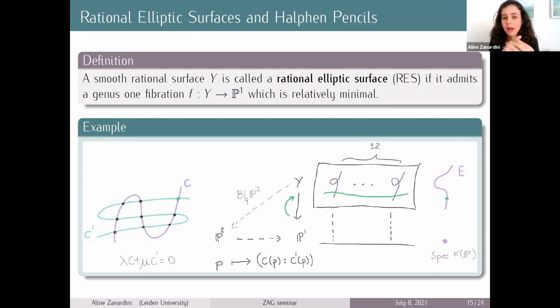And in fact, every rational elliptic surface with a section arises from a construction like this, so it comes from a pencil of cubics in the plane. So there's a one-to-one correspondence. And in fact, this one-to-one correspondence generalizes.